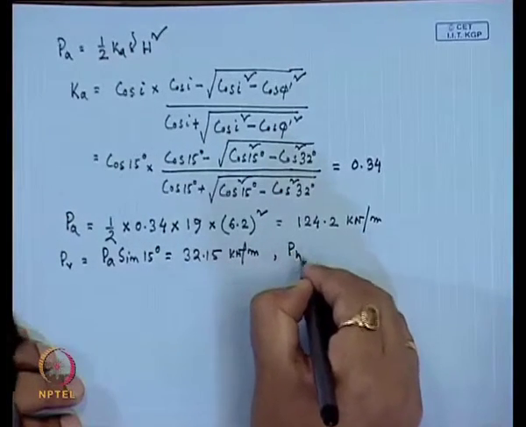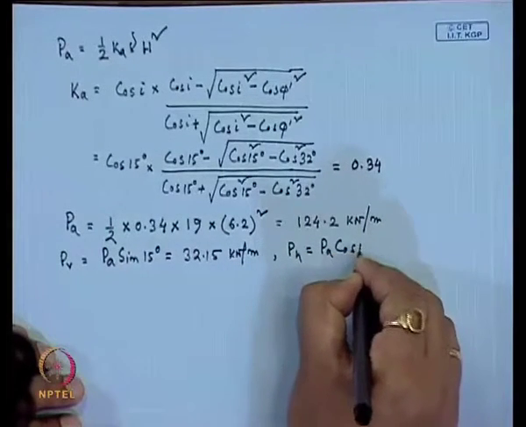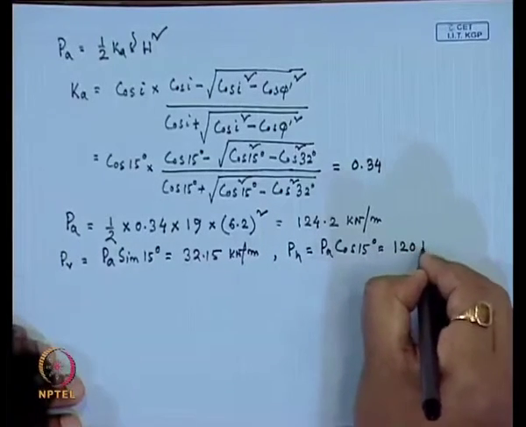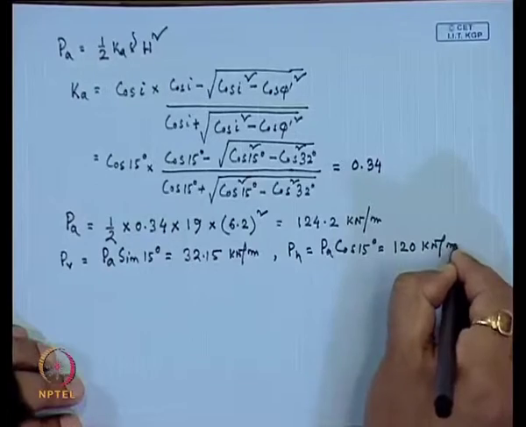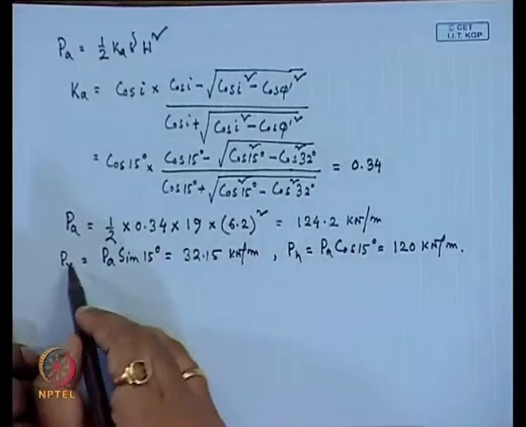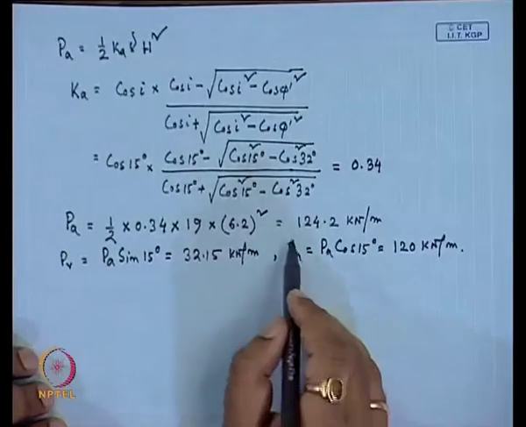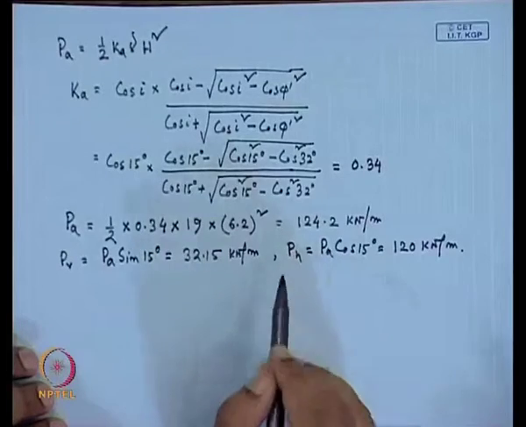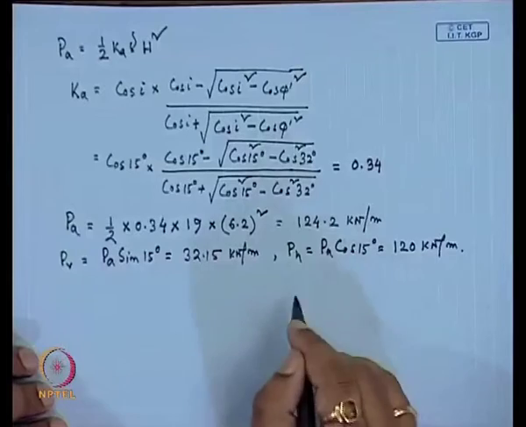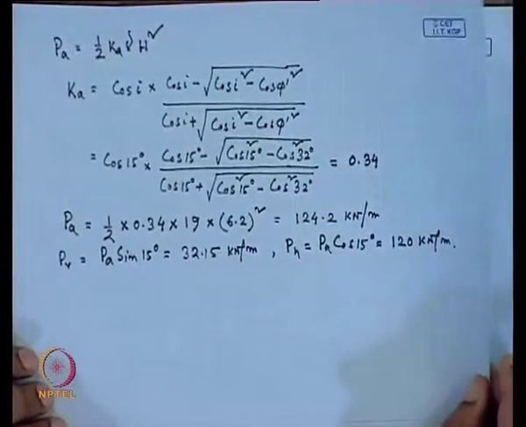Similarly, P H is P A into cos 15 degree, which is equal to 120 kilonewton per meter. So, these are the vertical force and horizontal force due to the lateral earth pressure of the backfill that we have calculated. Now, we have to calculate the other parts of this problem.